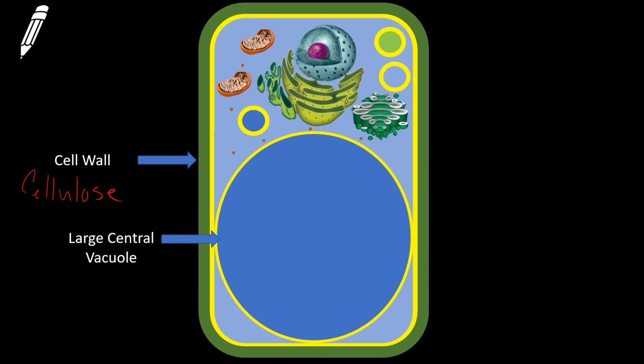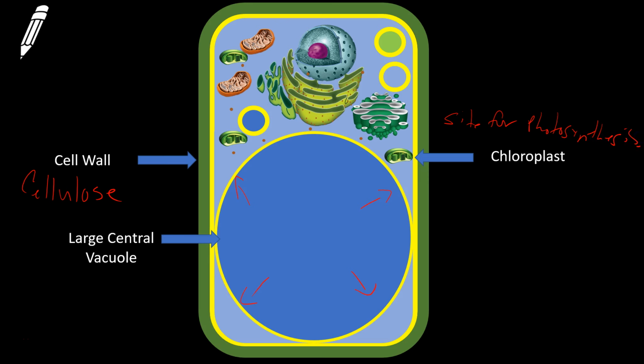When the large central vacuole is filled with water, it adds pressure to the plant cell. And the last thing that we talked about was the chloroplast. And simply, the chloroplast is the site for photosynthesis. There you go. And that is it for today.